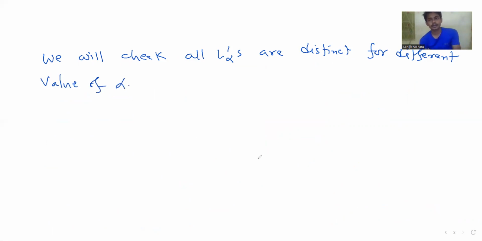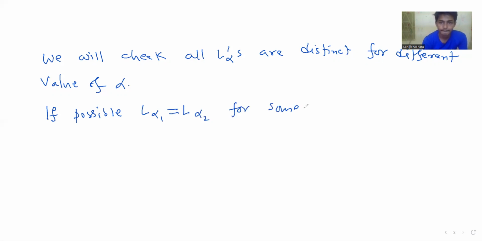So this is our target now. How to do it? We can do it in many different ways. Suppose, if possible, let L alpha 1 equal L alpha 2 for some alpha 1, alpha 2 from the field F.